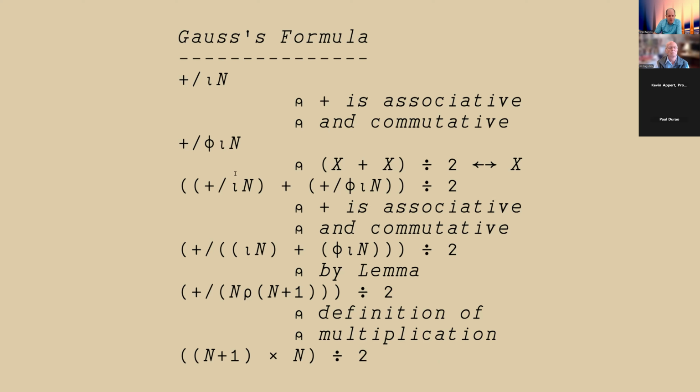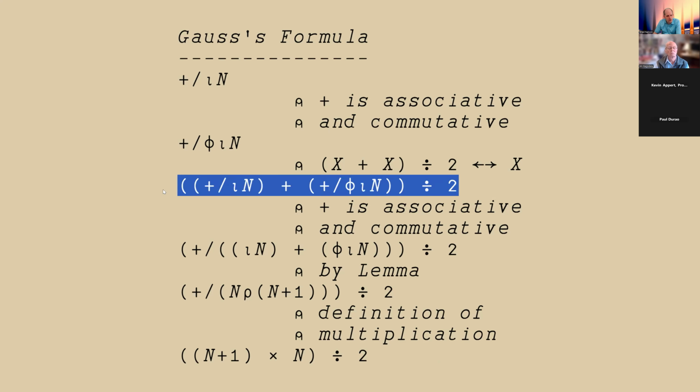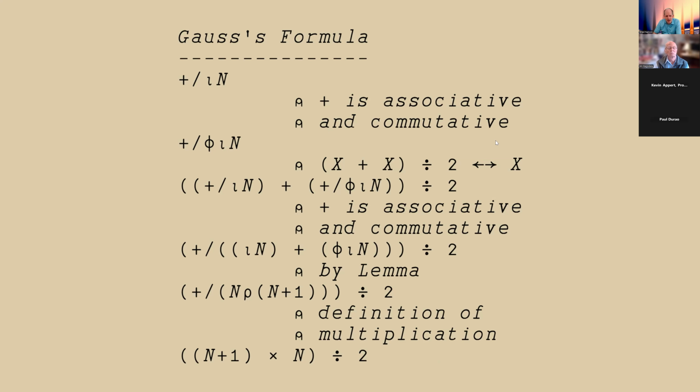If you combine those two things, you add them up, the sum of 1 to n and the reverse of the sum of 1 to n, and divide by 2, you're going to still get the same value, because x plus x divided by 2 is just x. And then you can use your mathematical intuition to say, well, if I've got 2 summations of 2 different values, I can pull that summation to the outside.